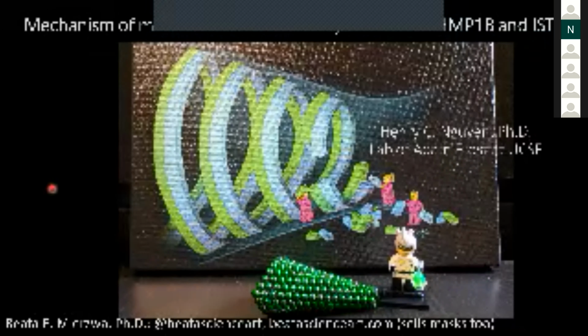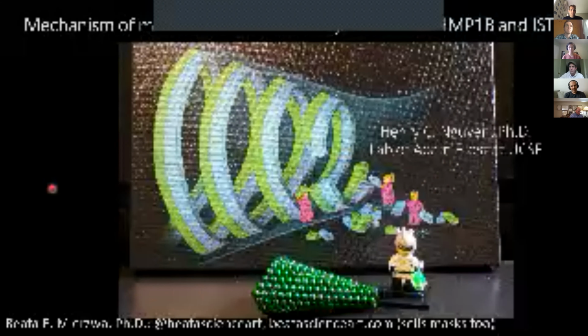And then I was delighted when he joined our lab approximately 4.5 years ago to begin working on a membrane-bound ESCRT-III assembly. And with that, I'll turn the time over to.